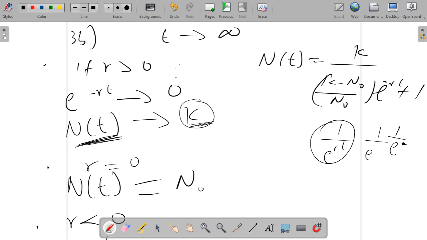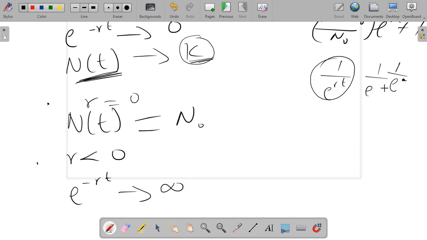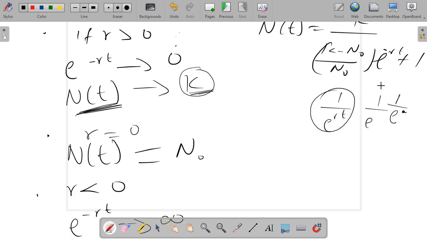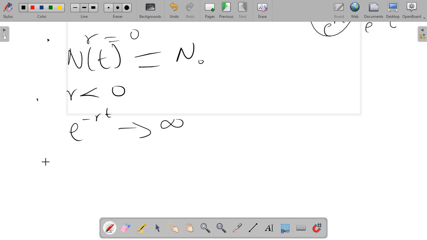If this approaches infinity, what are we going to have here? I think the population, if it approaches infinity, the population will approach 0. And then what do we say? The interpretation is that the population dies out, it moves to extinction. So please take note of that.